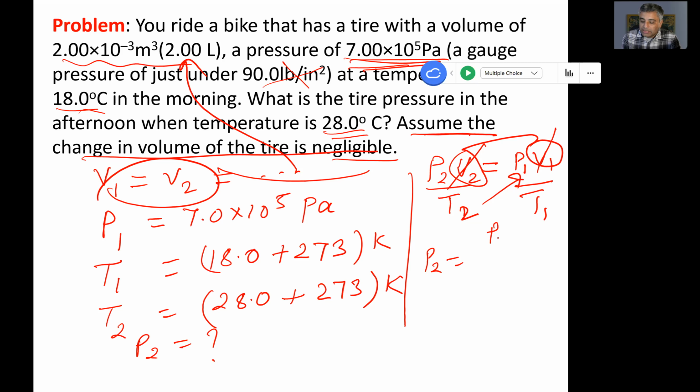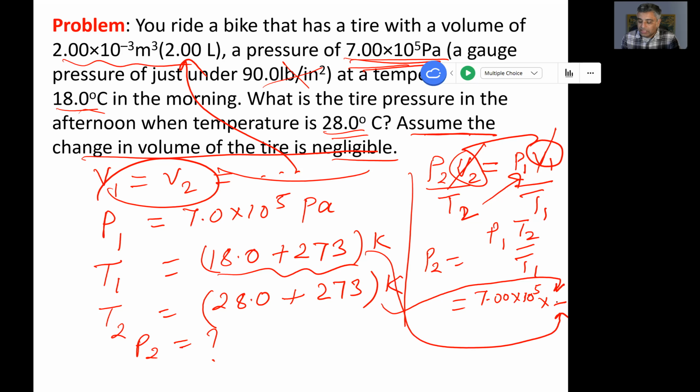So it's going to be P1 T2 over T1. P1 is given, so everything is given now. We need these numbers here, right? So T2 goes on the top and T1 goes down here, and you calculate that.